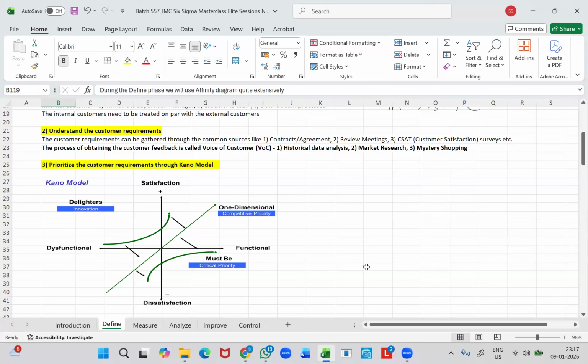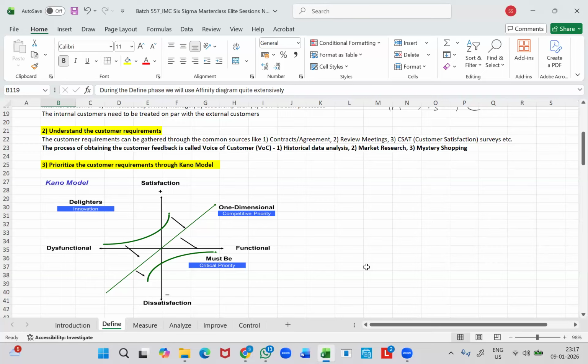And then the one-dimensional need or the satisfied needs are those which are like, the more we provide, the more satisfied the customer will be, the less we provide, the less satisfied the customer will be. And then finally, we have the delighted needs, which are exactly opposite to the must-be needs. Delighted needs are those which, if you do not provide, the customer is not going to feel dissatisfied.